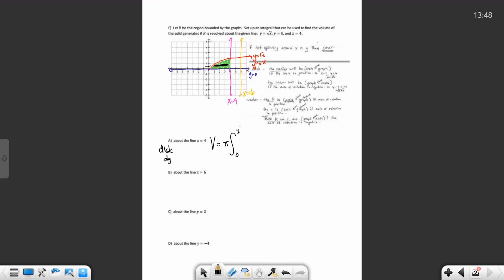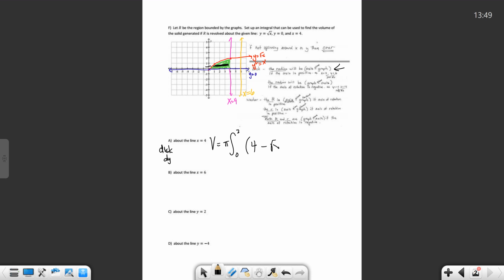They come off the y-axis. Then we know we're a disk, and it says right here, the radius will be axis minus the graph if the axis is positive. I want to spin about x equals positive 4, so it's positive. So I want axis minus graph. I want my axis, which is 4, what I'm spinning around, minus my graph.